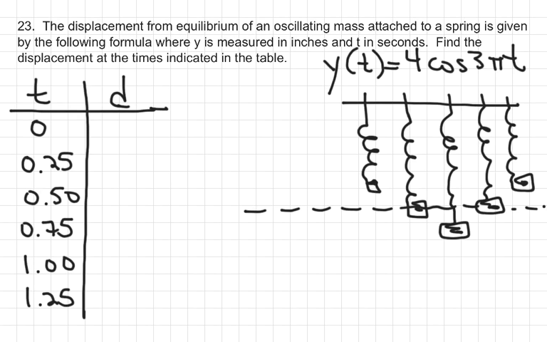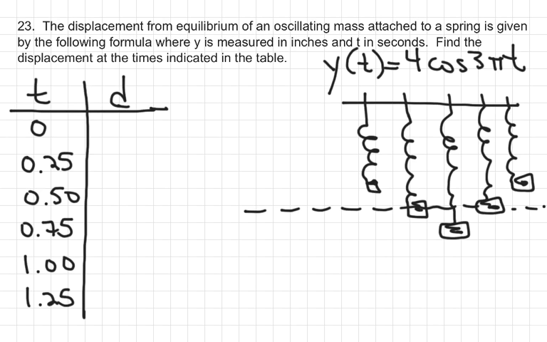A spring in equilibrium is a spring with a mass on it just hanging, and you don't put it in motion. It's not flopping up and down. Well, if you were to pull on the spring, it's going to do a motion called oscillation. It's going to go up and down and up and down. And when it's doing that, this equation represents the motion of that oscillation.